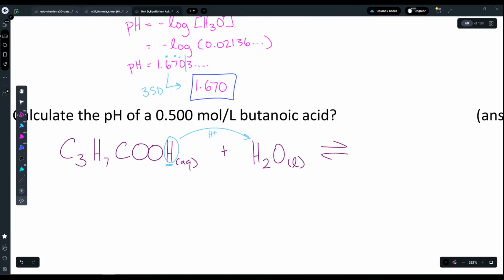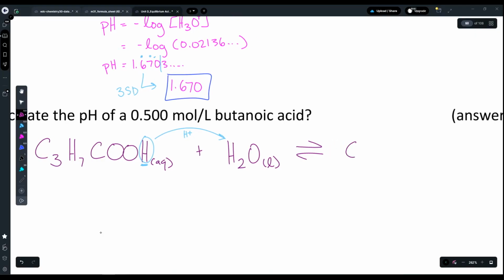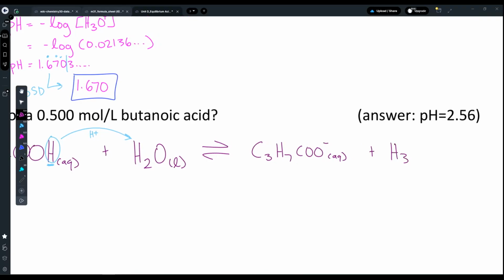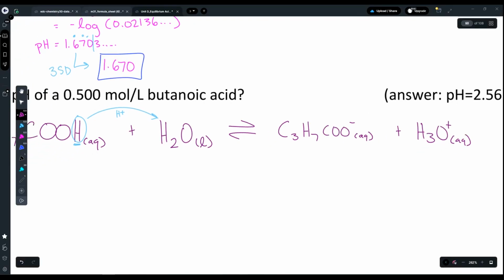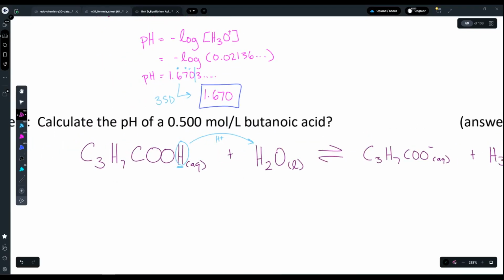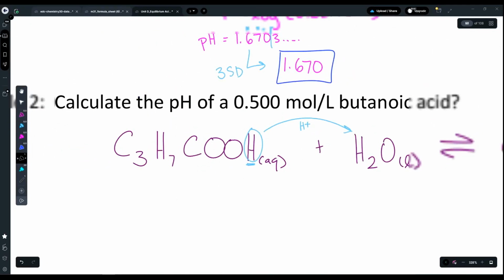So for predicting our products, we're going to have C3H7COO1- aqueous plus hydronium, and that's going to be aqueous as well. So now that we have our balanced chemical equation, now we need to do our ice table.